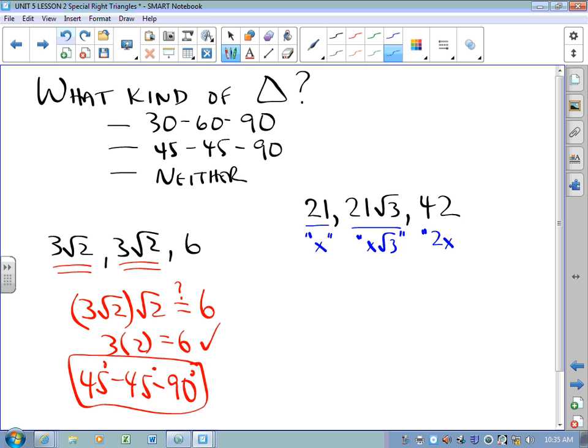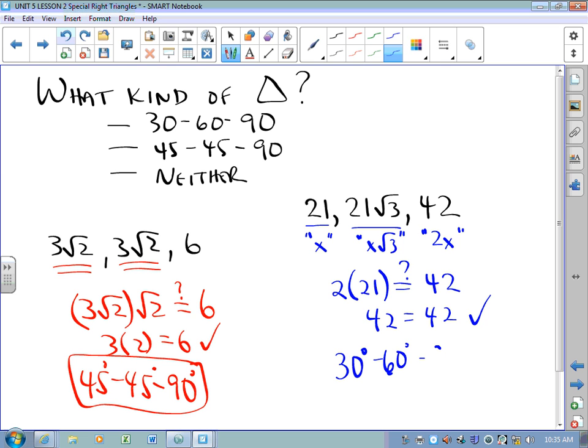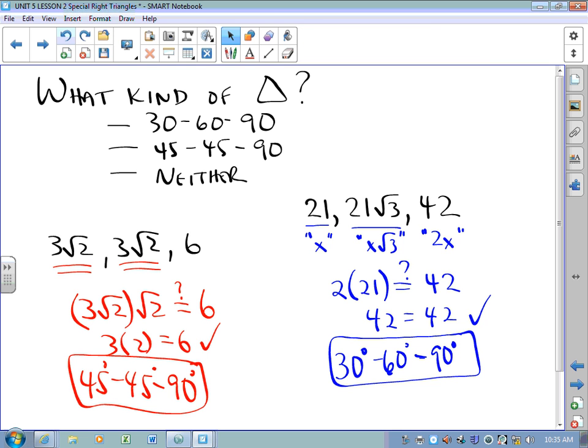So the question is, is this the 2x? Is 2 times 21 equal to 42? And the answer is yes. And so I do have a 30, 60, 90 right triangle there.